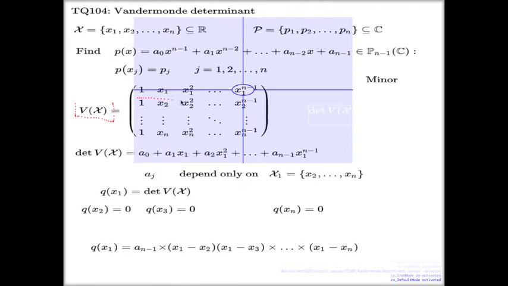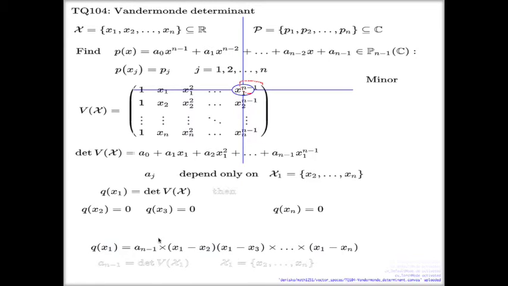It's just of size 1 less. That's the one where you no longer have the x1 element, and no longer have the n minus 1 power. So this is the determinant of the Vandermonde matrix of the x set, a set with 1 element less. And that's your case for mathematical induction.